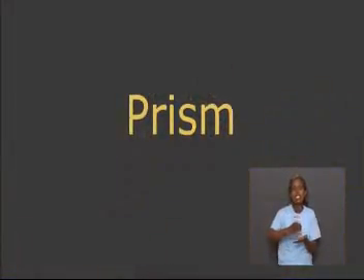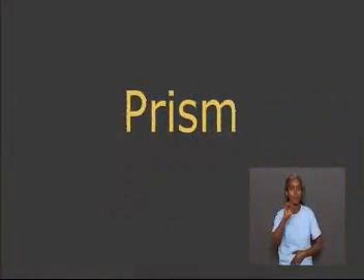Students, earlier you learned that the shape of the base of a cylinder determines its name. If the base is a polygonal shape, the cylinder is called a prism. If the base is a triangle, the cylinder is called a triangular prism.